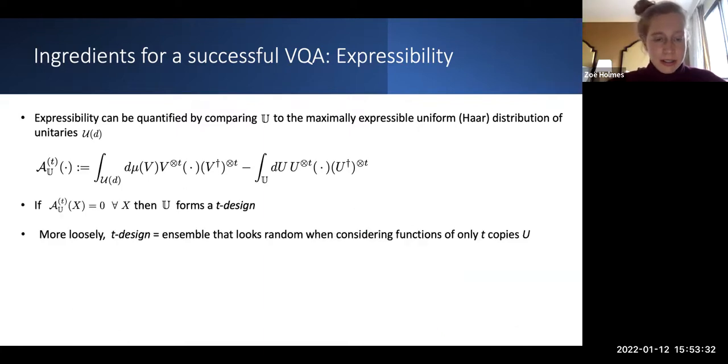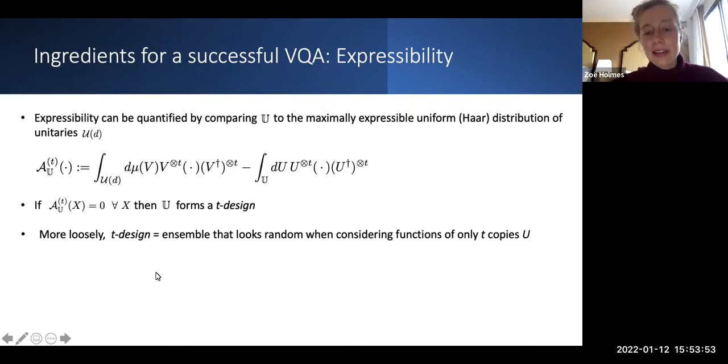Because this terminology is going to come up later, I'm going to introduce now the idea of a t-design. An ensemble of unitaries forms a t-design if the expressibility superoperator acting on some operator x equals 0 for any operator x. That's what it is mathematically.